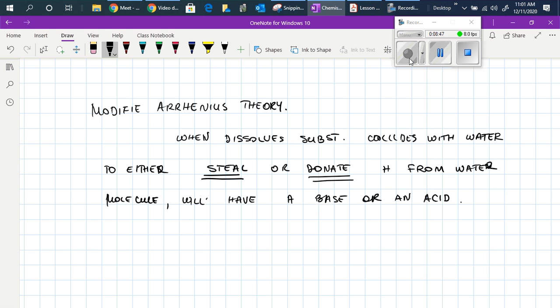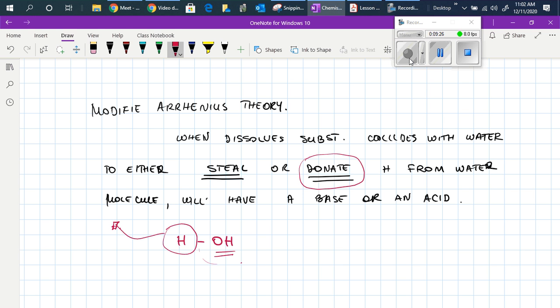Okay, so now when the water molecule is taking the hydrogen, then what we have is hydronium. So think about water as something like this. When this hydrogen is given away, then what is left is the hydroxide.